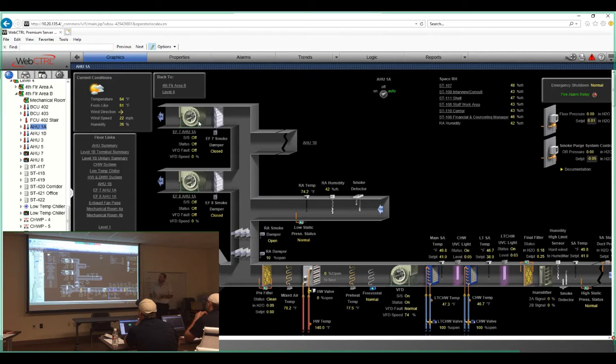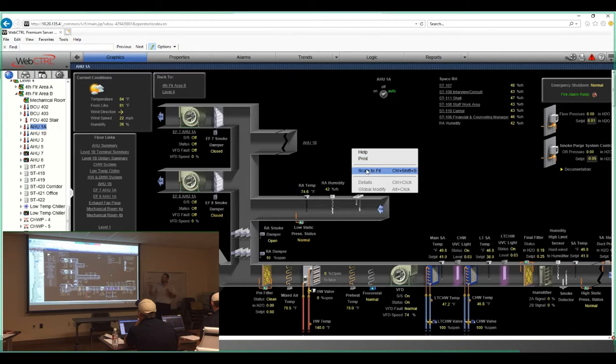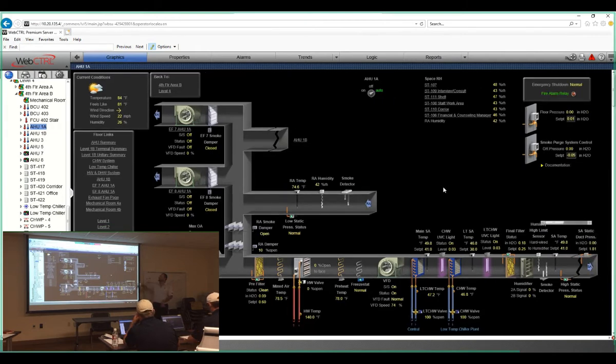There's really nothing else outside of that. The fire alarm system triggers it and initiates it, and all we're going to do is maintain that set point in each one of those ORs with that return damper.